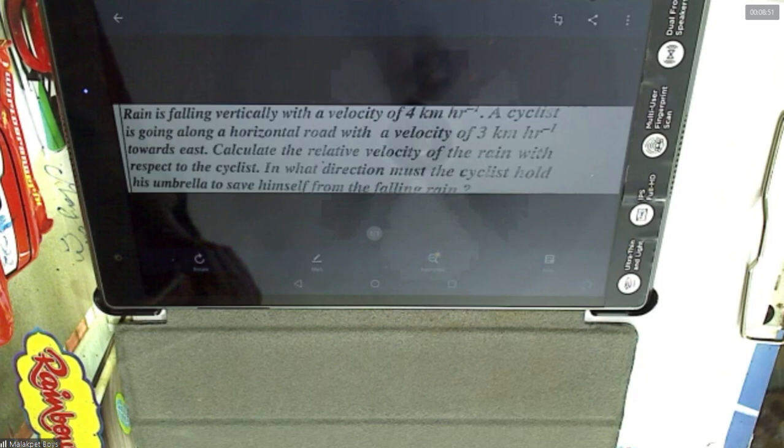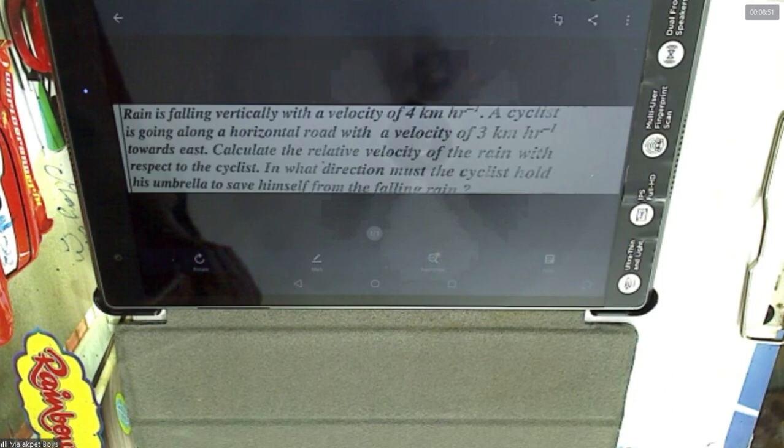See, as per the problem, rain is falling vertically with a velocity. That means rain falls with respect to ground. Nothing is mentioned, it means it is with respect to ground. 4 minus j kilometer per hour.